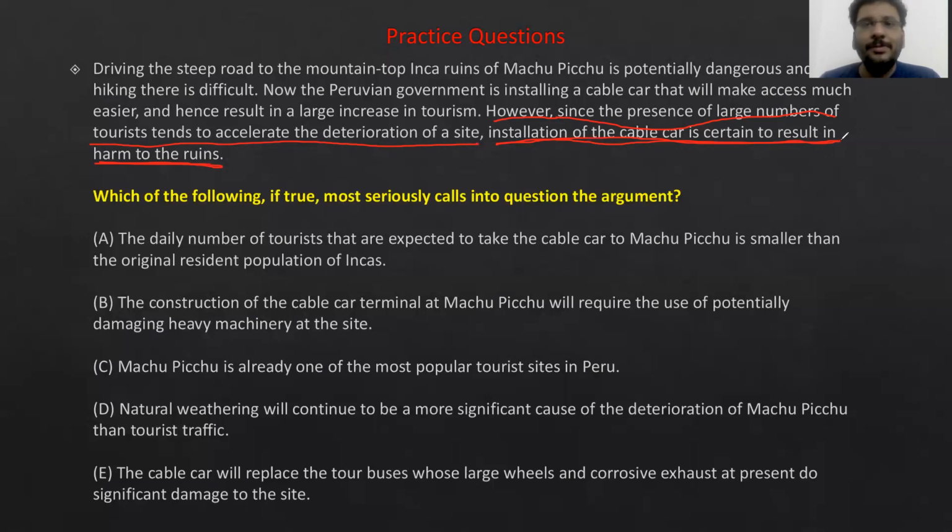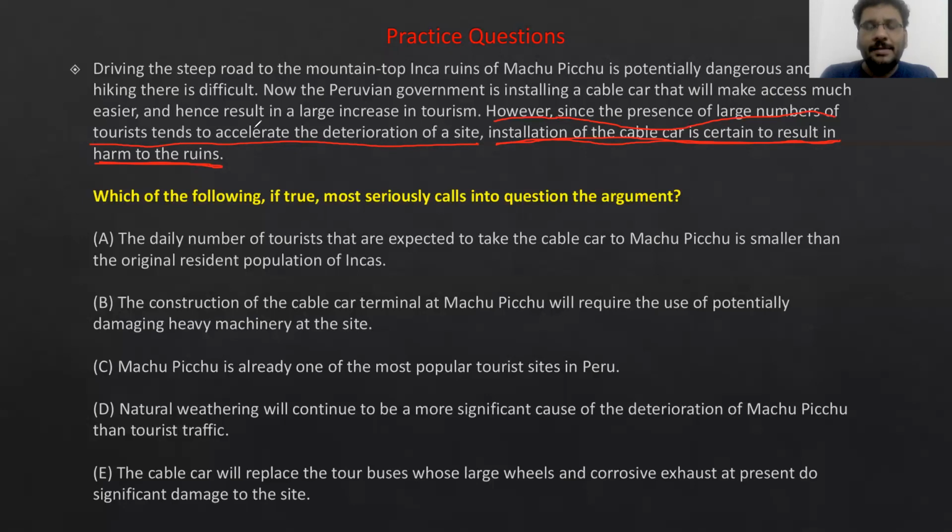Now, one of the reasons, as the author says, is that if you have cable cars, you will have more tourists, right? And if you have more tourists, you will have more deterioration or more harm to the ruins. So all these are interrelated, right?